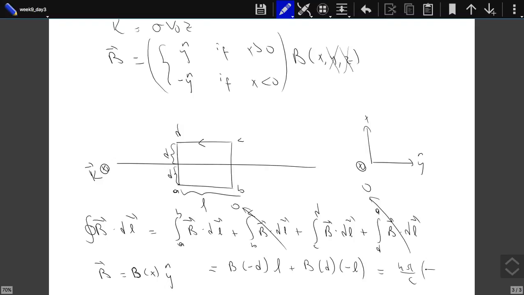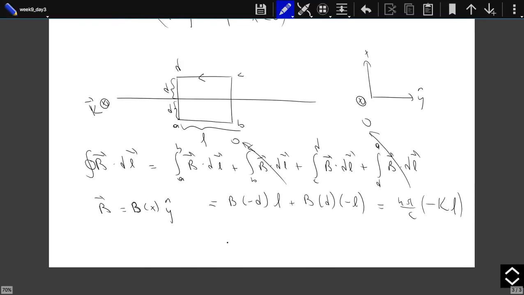And K is the current density. That is the surface current density. That's the current per unit length. So we have that length L within our loop. So it's just K times L. So B of minus d minus B of d, if we just divide by L both sides, this is equal to minus 4 pi over c, K. K was sigma V0.